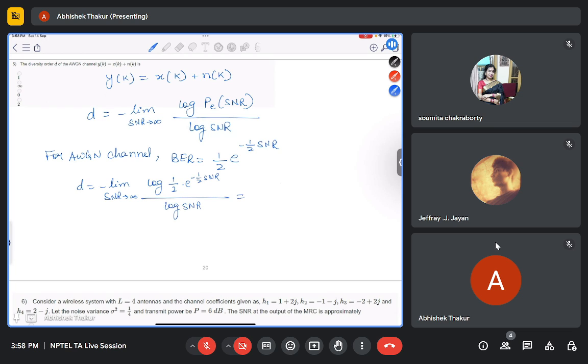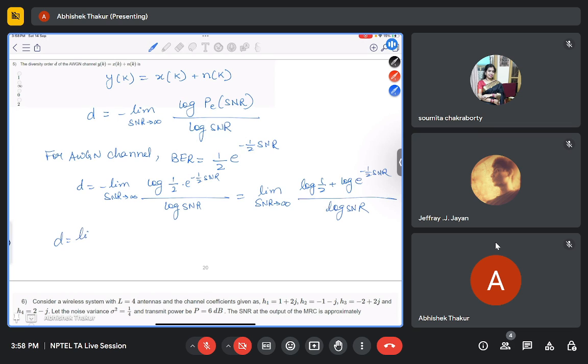So this can be given as limit SNR tends to infinity. Log m into n is log m plus log n. So it will be log of half plus log of e to the power of minus half of SNR, divided by log of SNR.